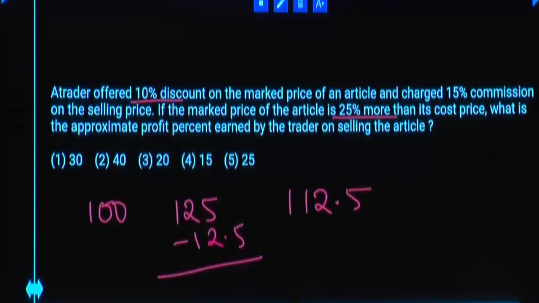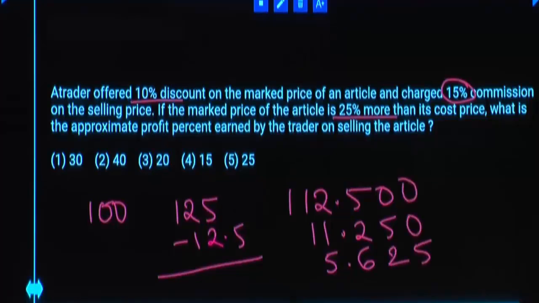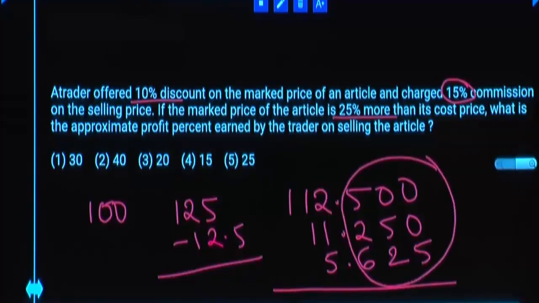Now he is giving a discount of 10%, in the sense you need to subtract 12.5%. Then it becomes 112.5%. Again after that he is charging 15%. What is 10%? 11.25. What is 5%? 5.625. You're asked about approximate, right? By adding the numbers after the decimal, will you get more than 1 or not? Nearest value 1 or 2?